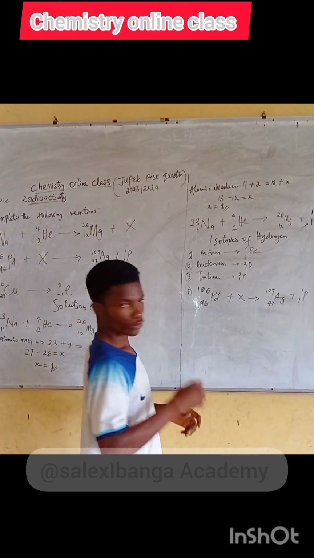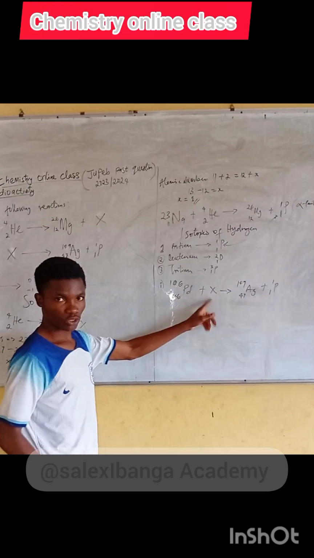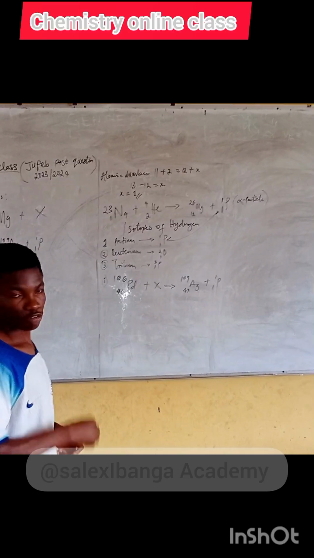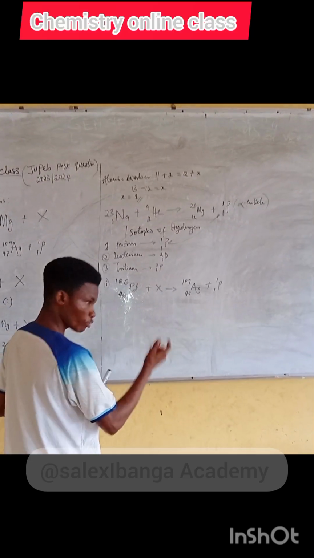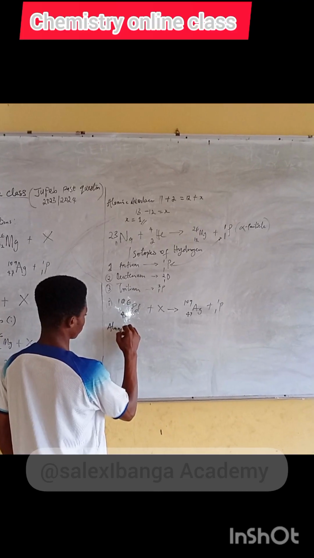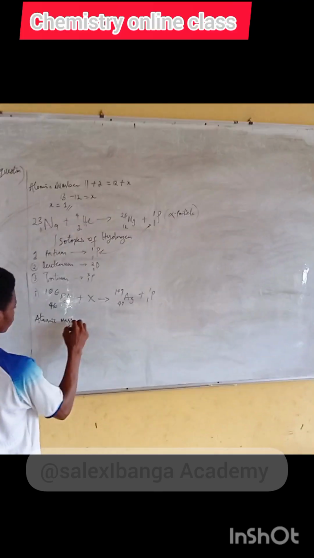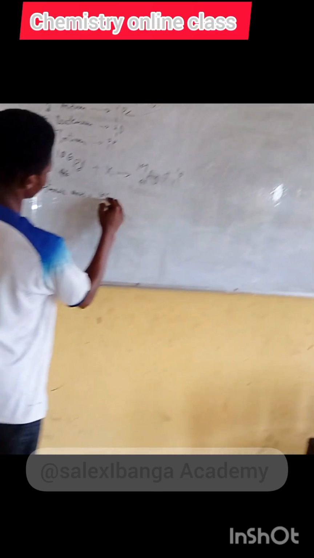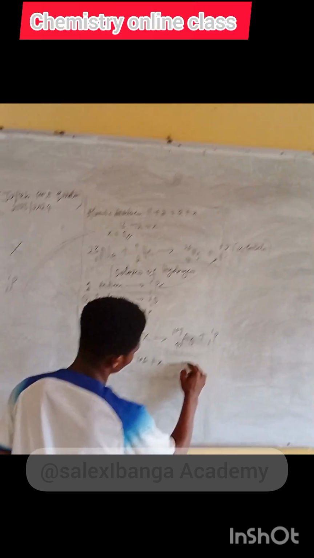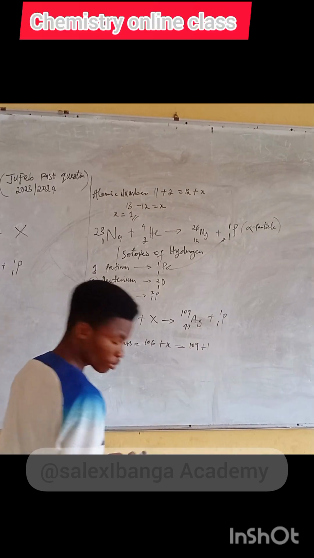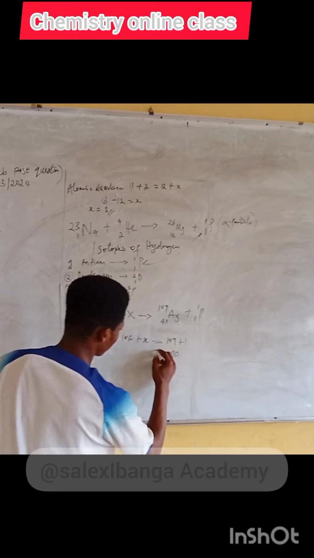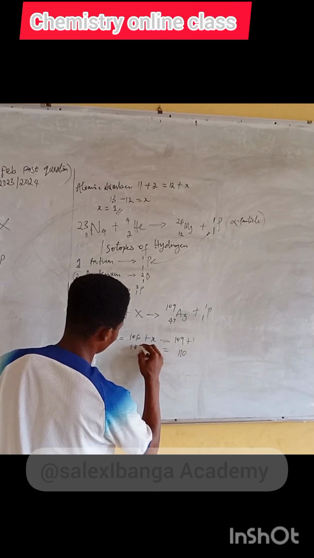So now, my people, I'm looking for this X. I don't know this X, so I'll carry out a simple calculation as I did for the first one. Follow the same method, starting with atomic mass. I'm having 106 plus X, I don't know this X, to give me 109 plus 1. 109 plus 1 will give me 110, equals X plus 106.